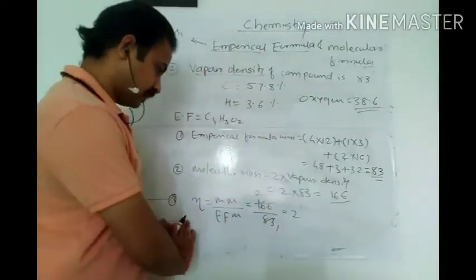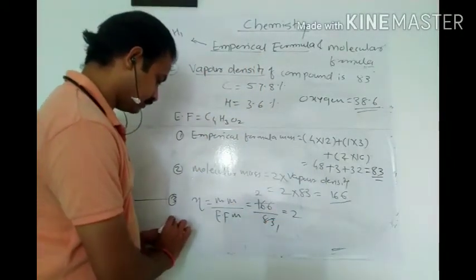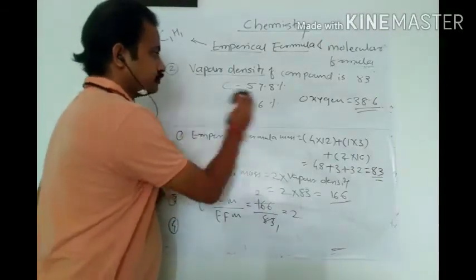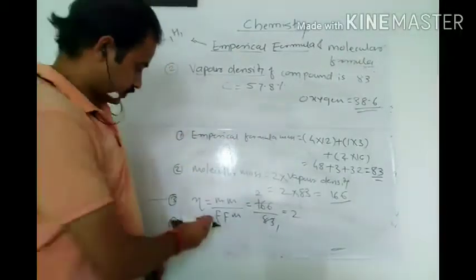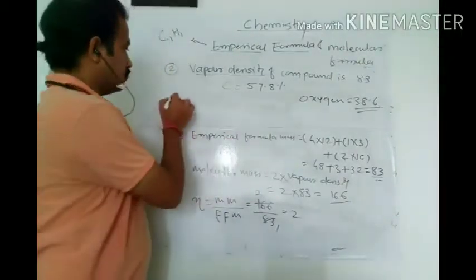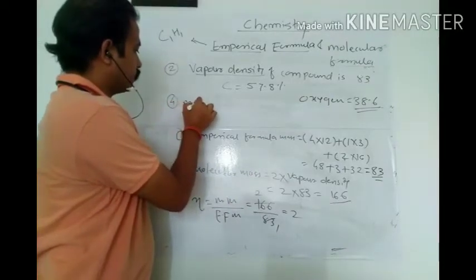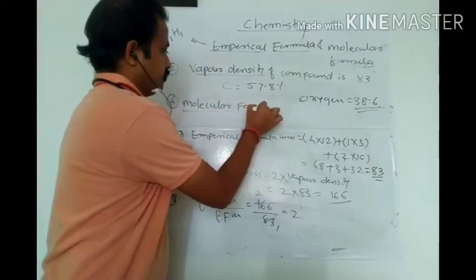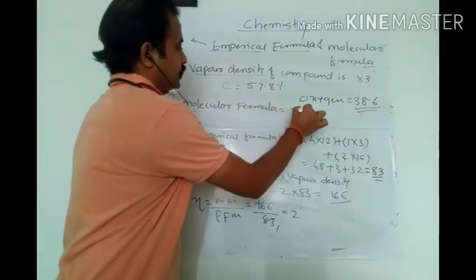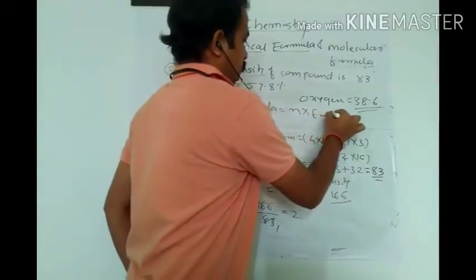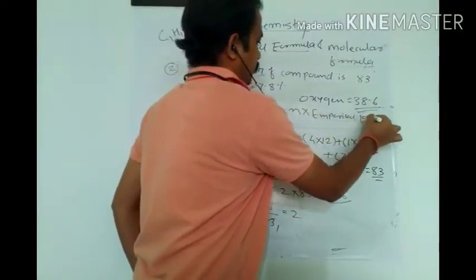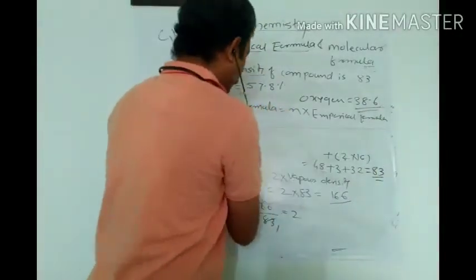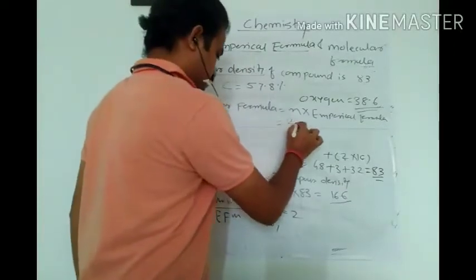Now once I get the index, the next step, the fourth step, is molecular formula equal to n into empirical formula. Here we get n as 2, isn't it?